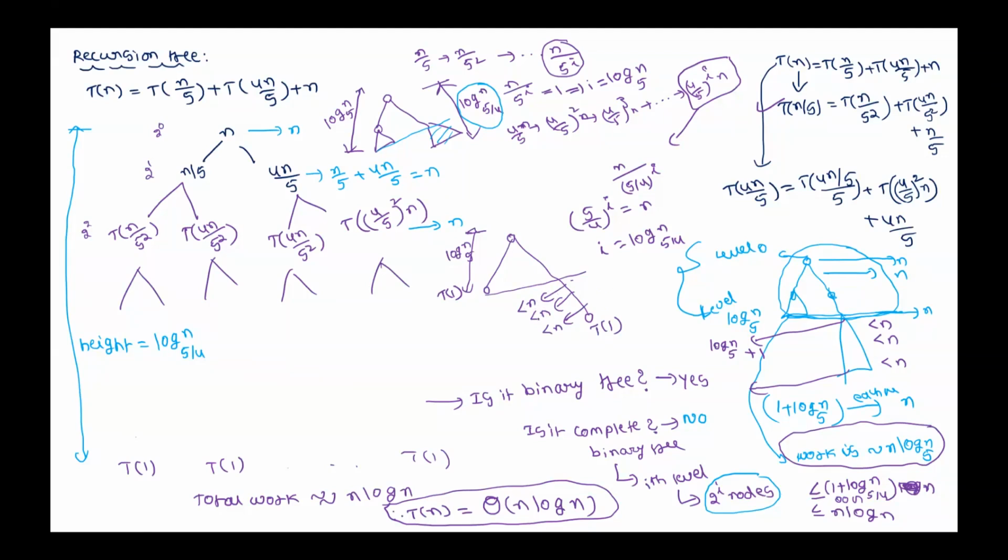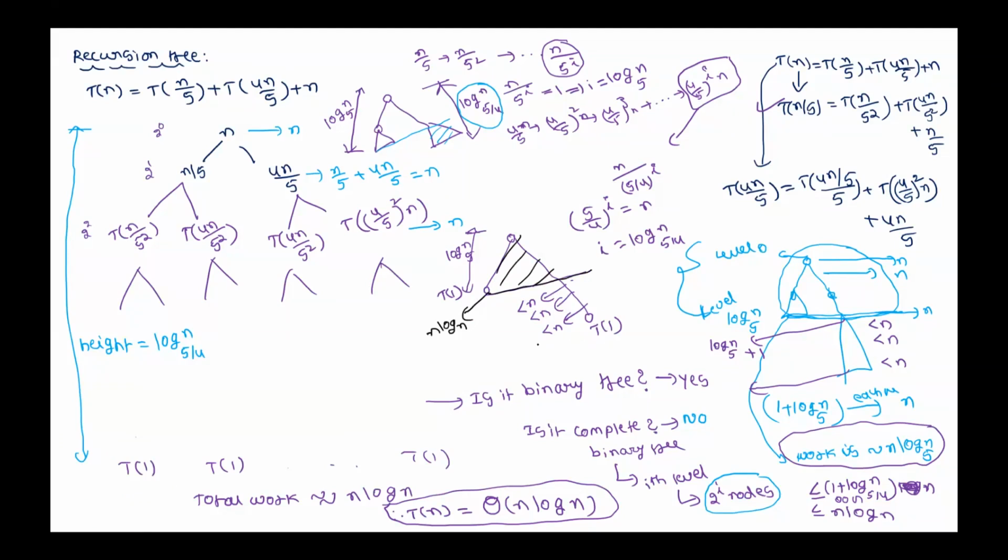Work done we will get up to that level. We know exactly that up to here, the amount of work done in this top part itself is n log n. After that also we are doing some amount of work.